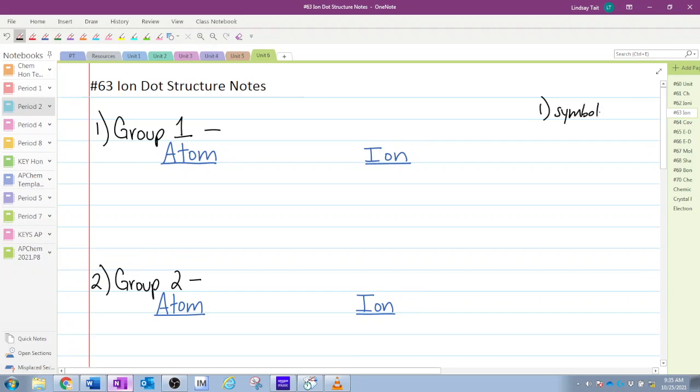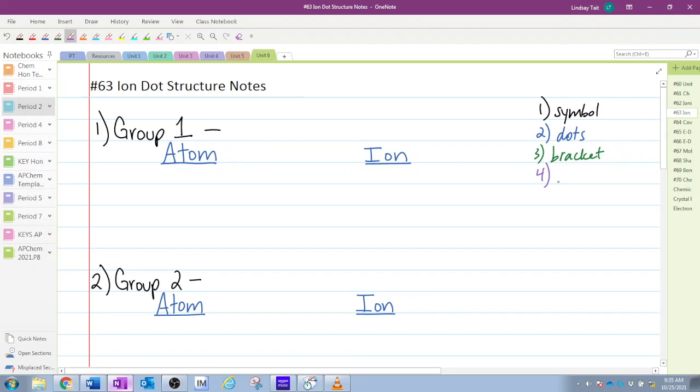Step 1, you're going to write the element symbol. Step 2, you're going to place any dots that you have to place. And normally that's where we stopped when we did it for atoms. But now for an ion, there's going to be a step 3. We are going to place our symbol and dots inside of brackets.